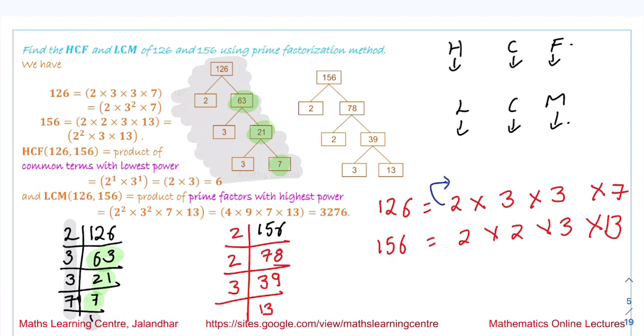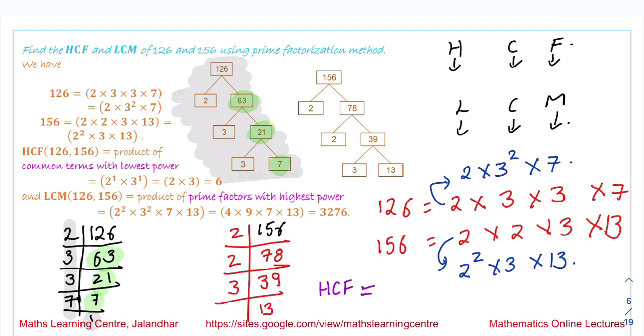This value, in the compact form, you can write as 2 into 3 raised to the power 2 into 7. And this value you can write as 2 raised to the power 2 into 3 into 13. So if we look at the HCF of these two numbers, how will we calculate it? One method we have already studied in our first lecture.